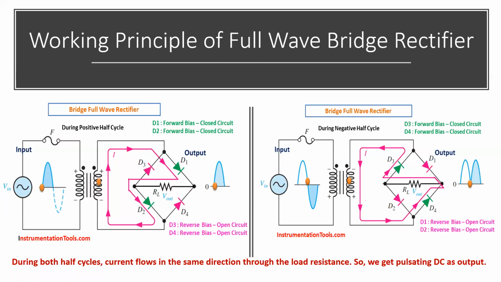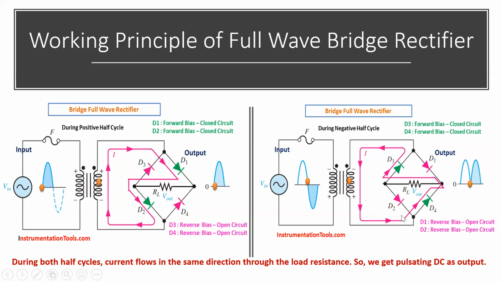It has reached this point. Now, there is only one way, that is D3. Can it flow through D3? Yes, because it is going in the direction of the arrow mark. It is forward bias. So it will go through D3 and come back to here, which means it has a closed path during the negative half cycle.